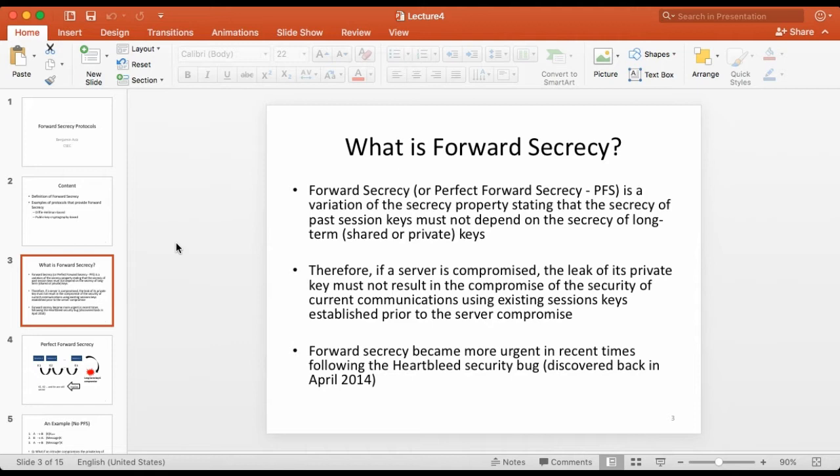However, at the industrial, commercial level, it wasn't very well known until about 2014, when the Heartbleed security bug was discovered. We will look a little bit later at what the Heartbleed bug was, and what its relationship with this PFS property is.